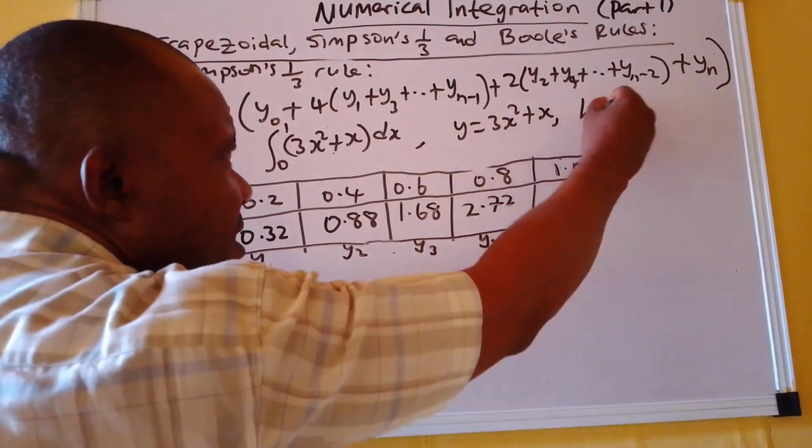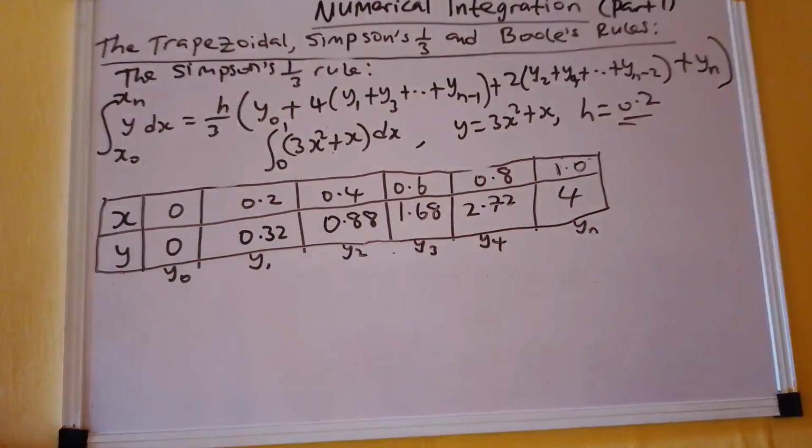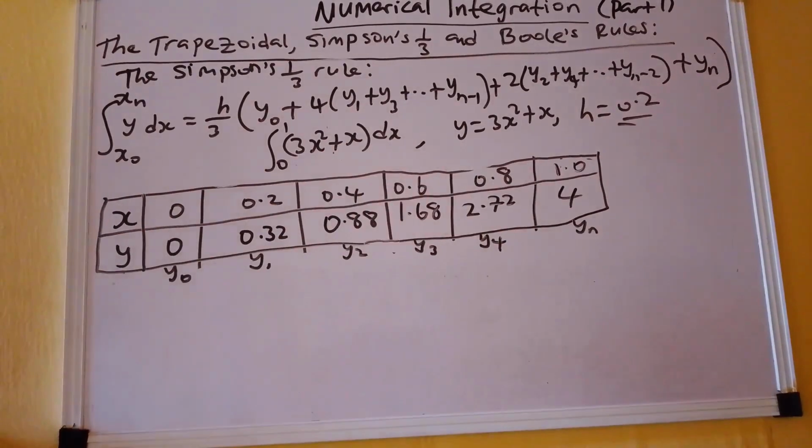Of course, h is given as 0.2. So we were able to create this table out. The table will be very useful to us. So now we want to see how we can apply this Simpson's 1/3 rule. Now let's see how it can be applied.